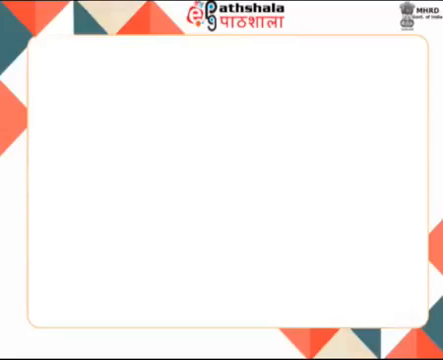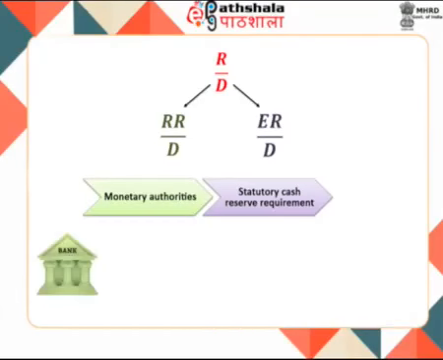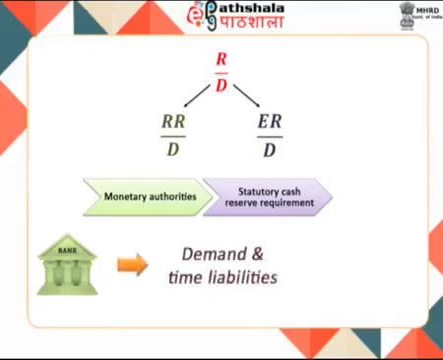The R upon D ratio is composed of two ratios, the RR upon D ratio and the ER upon D ratio. The RR upon D is due to the statutory cash reserve requirement imposed by the monetary authorities on the banks, to be kept as a proportion of their demand and time liabilities as balances with the RBI.